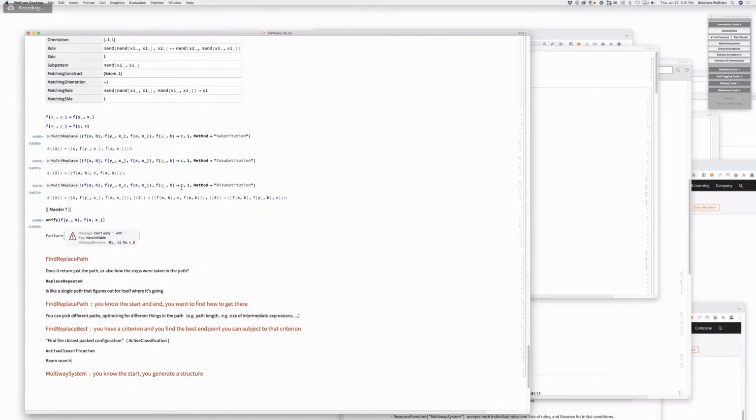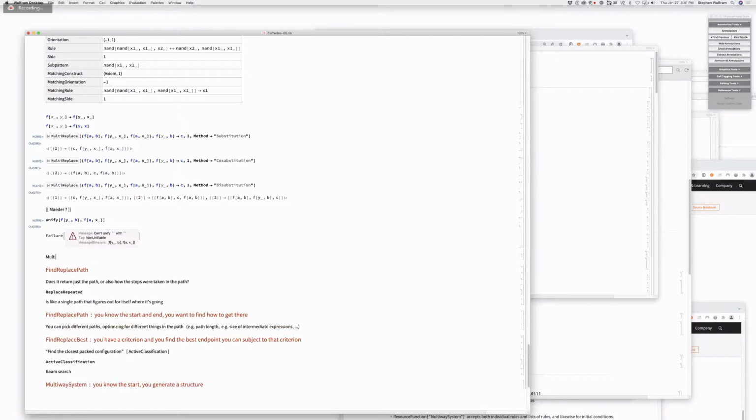To do unification, you'd have to be able to do that. Yeah, it's also just inert expressions. So it deals with structural transformations on inert expressions, which is already very useful.